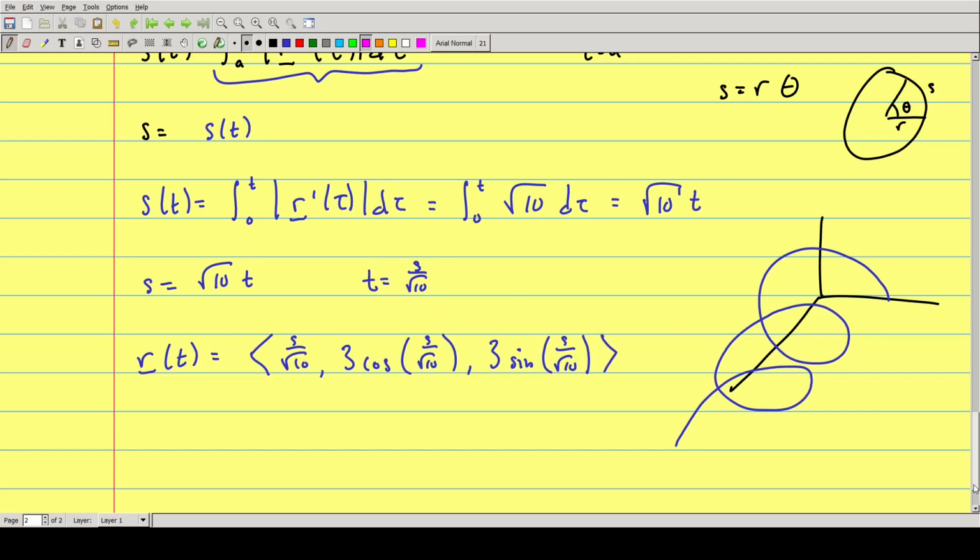Okay. So the way that it works is we think about the functions as depending upon t, right? But t is just some variable that we pick to make the formulas easy to write down. What we do with s is that we specifically pick s so that s is exactly the measure of distance along the curve if I'm walking the path.